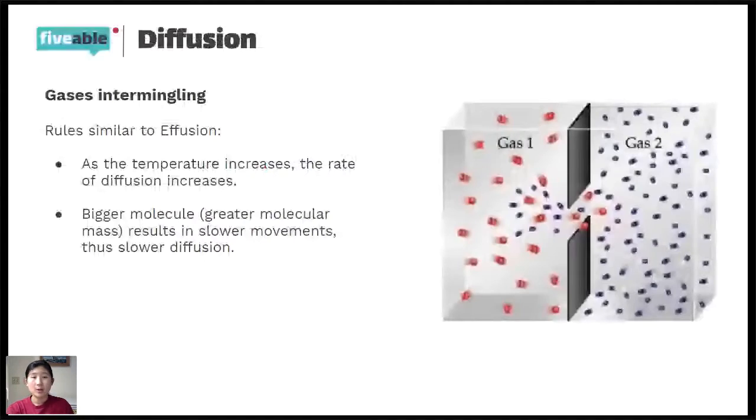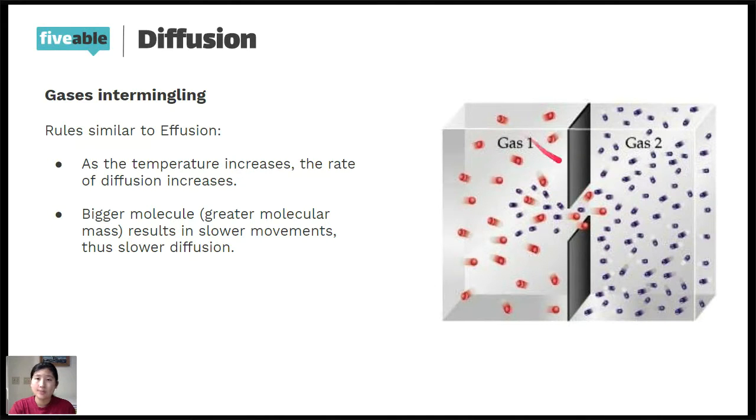All right, and now we're going to talk about diffusion. This is about gases intermingling. The rules are very similar to effusion. As the temperature increases, the rate of diffusion increases because speeds go up. And the bigger molecules, the ones that have greater molecular mass, move slower.